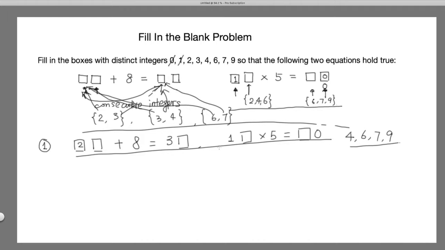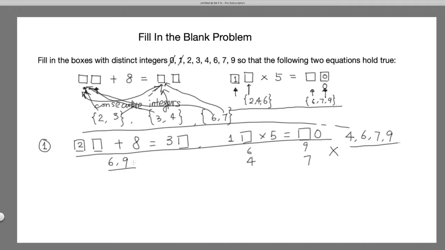Let's see how we go from here. You can put the 6 here, and this will be a 9. Then this has to use 4 and 7. It does not matter whether you put 4 here or 7 here, this is not going to give solutions. So 6, 9 is not good. How about I put 4 here, and this has to be a 7. 14 times 5 equals 70. So now you have 6 and 9 here.